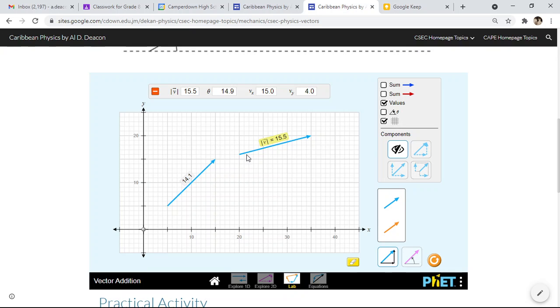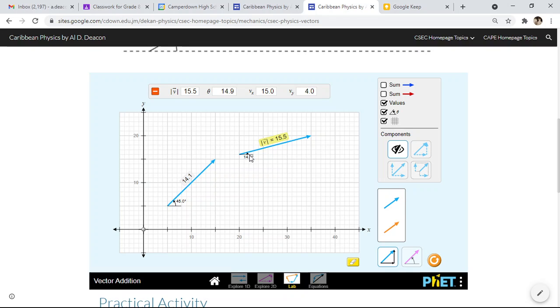Now we use rulers to measure the magnitude, or the length of the line. We would have used our protractor to find the direction, meaning at which angle it is going. This vector is going at 14.9, my apologies, and this one is going at 45 degrees, and we need to add both of them.